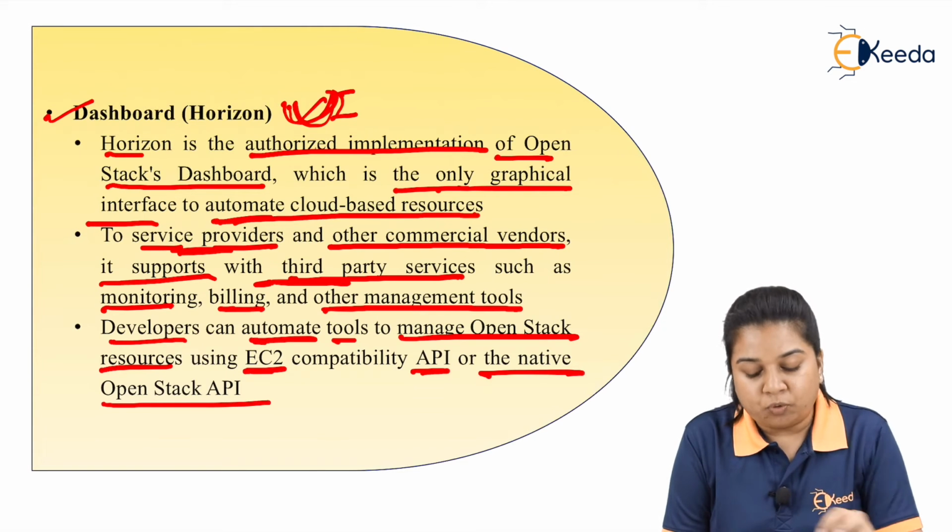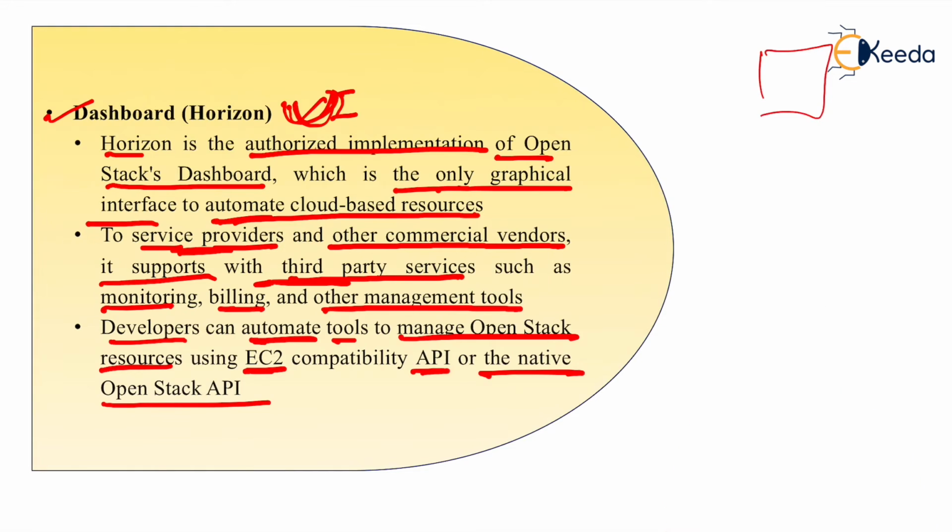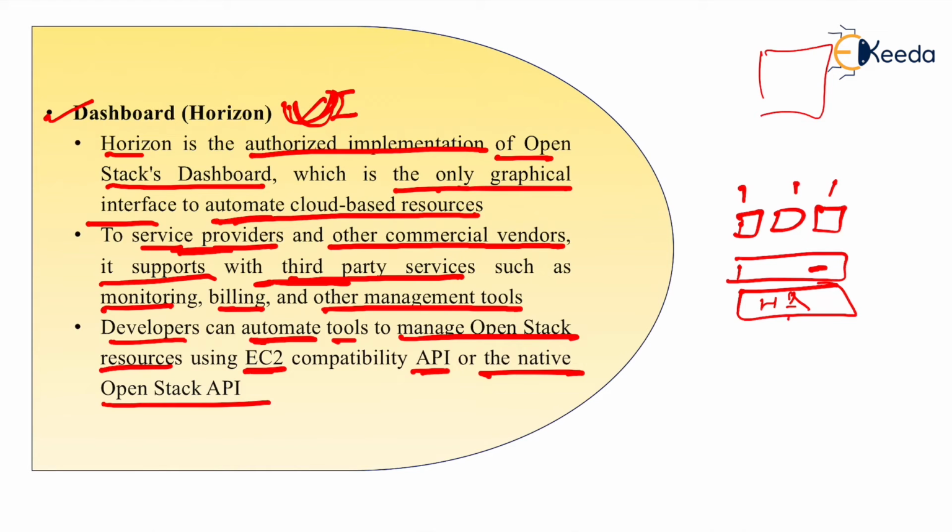Since the dashboard is there with the architecture, as we have seen in the diagram, there is one underlying hardware architecture. Then we have the OpenStack layer. Then we have compute, networking, and storage in OpenStack, and it is connected with the API to applications of the client and also to the OpenStack dashboard.